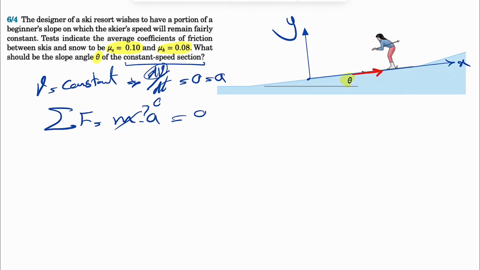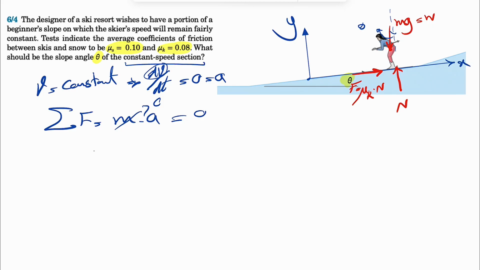This is going to be our friction, and because the skier is moving, it's a kinetic coefficient, mu k times n. We have the normal force, and the last thing would be the weight of this skier, which is mass times acceleration of gravity, or W. That's everything we have. And the weight makes this angle theta here, they're not parallel to each other because of the angle theta of the slope.